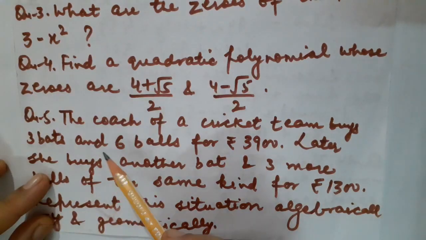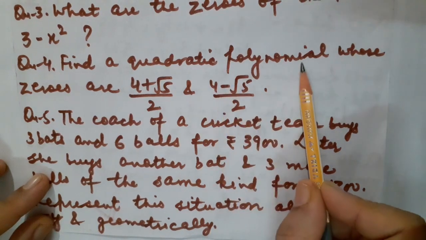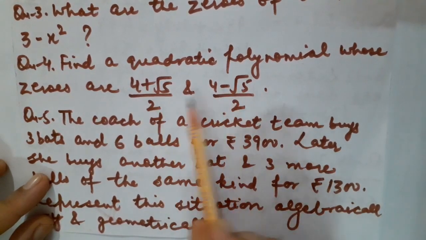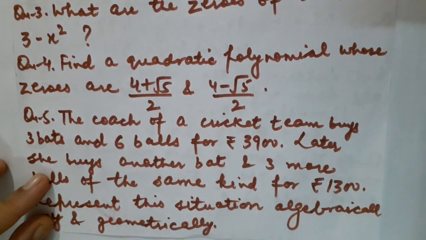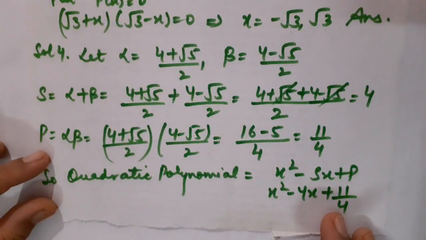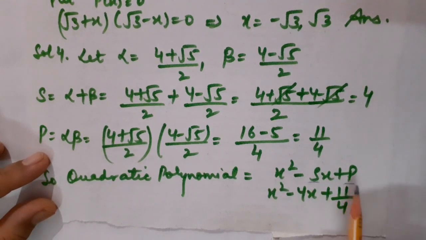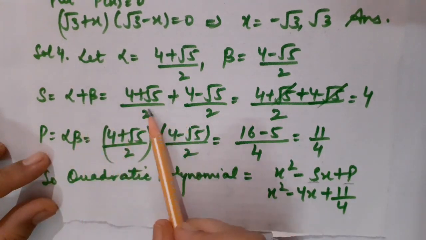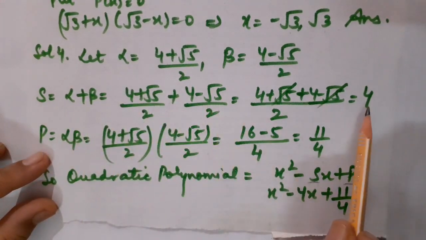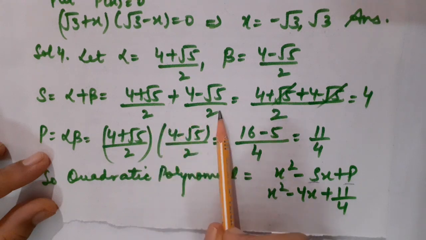Here is question number 4. We will have to form a quadratic polynomial if zeros are given. Children, you know how we form a quadratic polynomial? That is x square minus sx plus p. S is sum of the zeros and p is product of the zeros. So I have just calculated sum of the zeros, that I have got 4 after taking LCM.